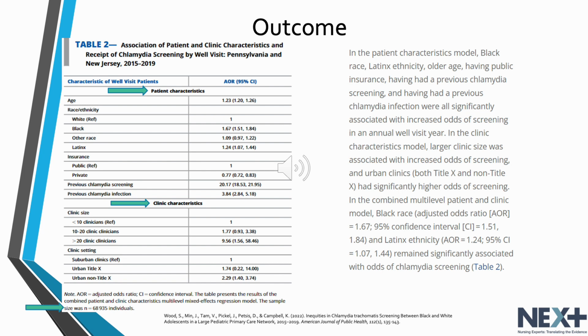In the analysis section, the authors clearly describe using different models to examine the influence of patient and clinic characteristics. Table 2 shows the results of examining the impact of patient characteristics, shown as the first bold table header, and then the clinic characteristics, the second bold table header, on chlamydia screening.